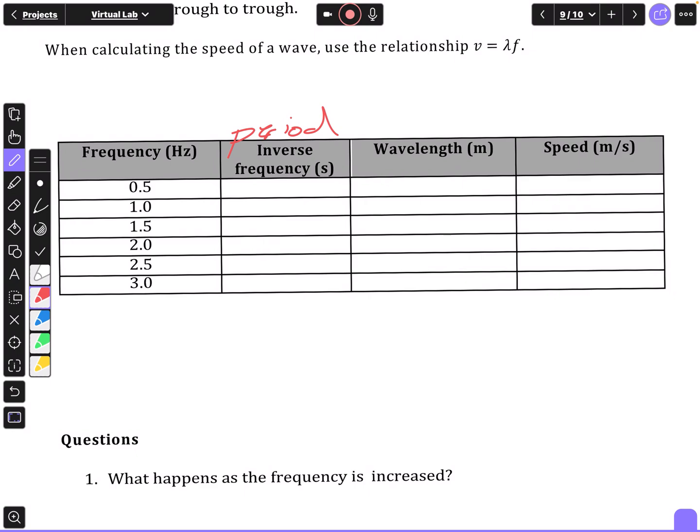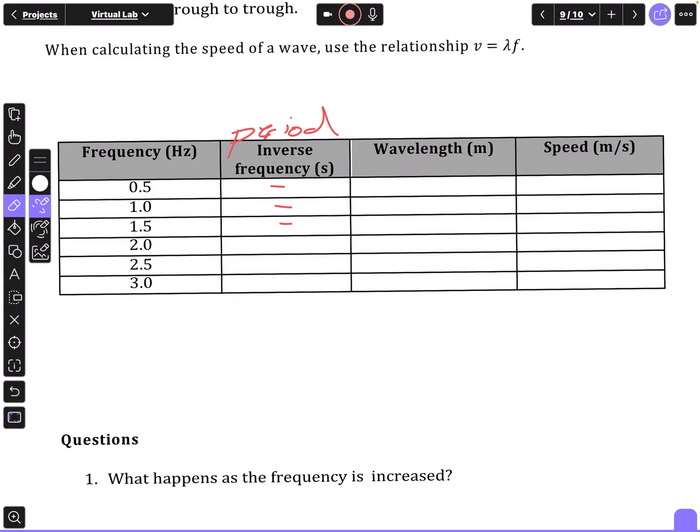So for this first one, the inverse is when you take, like if you have 0.5, you take 1 divided by 0.5, and that would be this answer. The next one, 1 divided by 1.0, would be here. Next one, 1 divided by 1.5, that would be here. So that's how you would do that column there. That's the period of your wave.